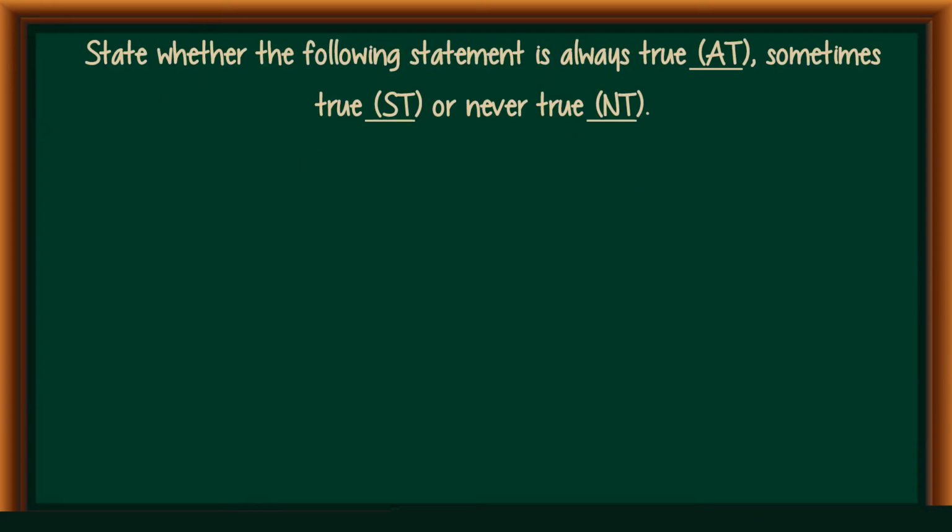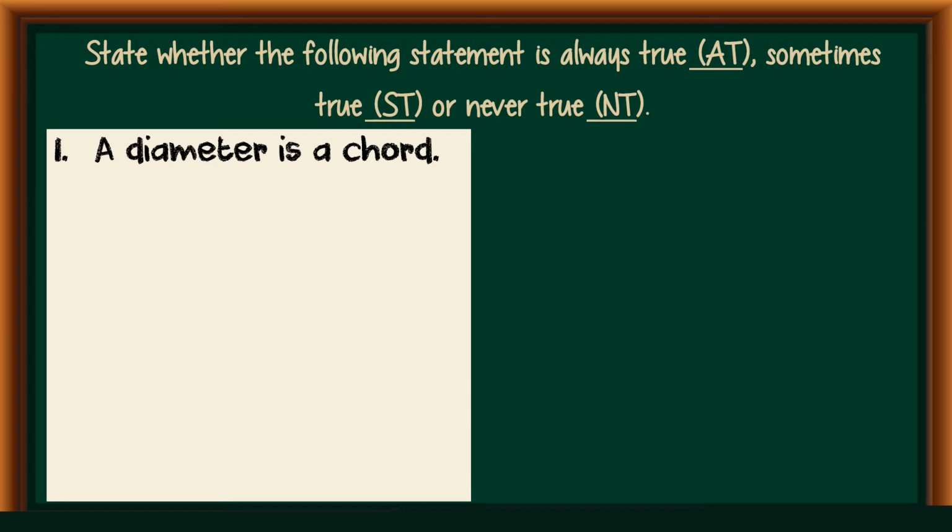Let us try these exercises. State whether the following statement is always true, AT, sometimes true, ST, or never true. Number 1. A diameter is a chord. Is it true? Always true, never true, sometimes true. A diameter is a chord.